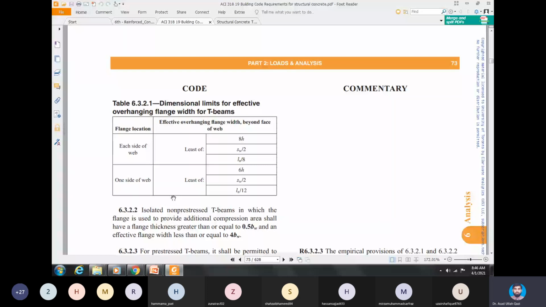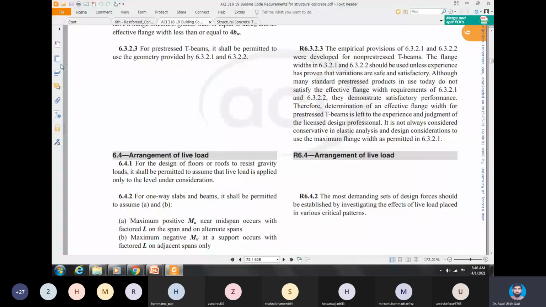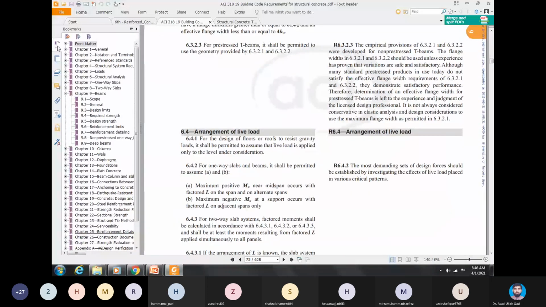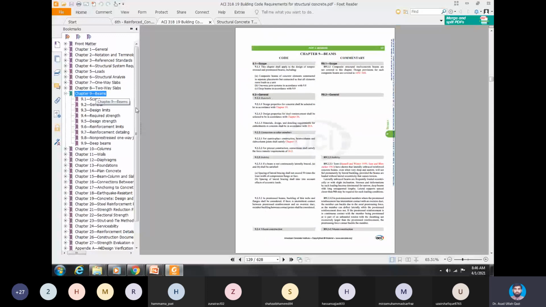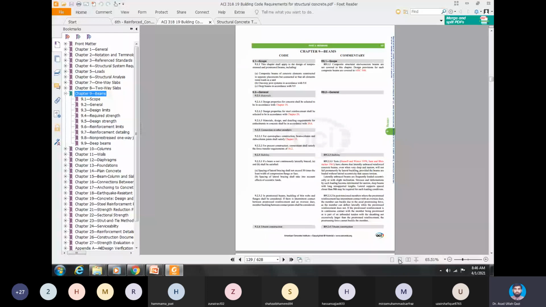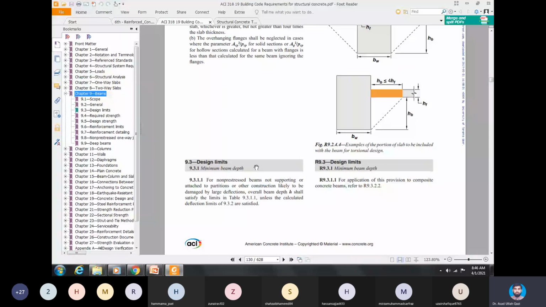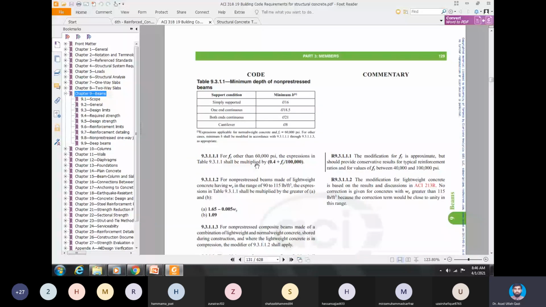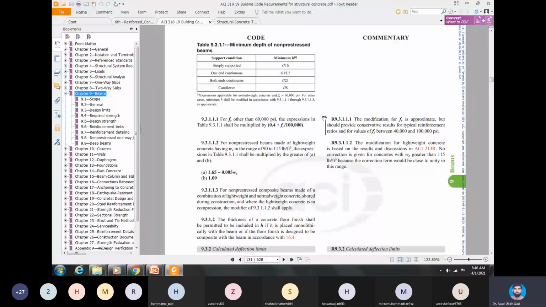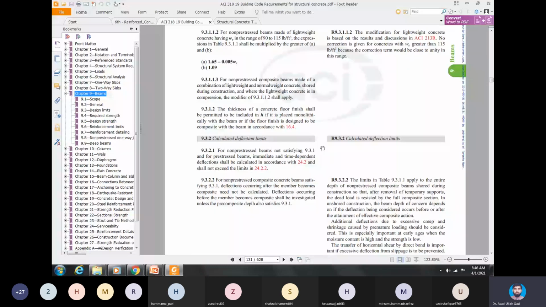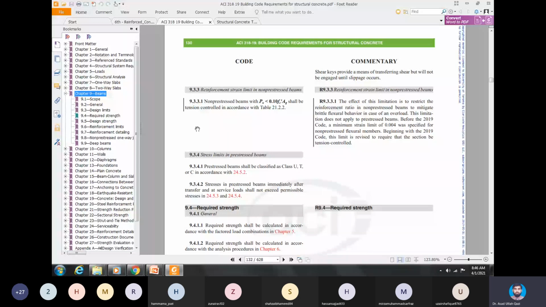For example, as I earlier said, chapter 9 beams. In beams chapter, you will find that with reference to 2014, there is a change here in 9.3.1.1.1, and then there is a change here in 9.3.3.1.